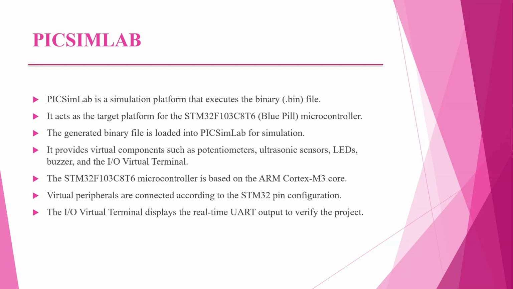The STM32F103C8 microcontroller is based on the ARM Cortex-M3 processor. Peripherals are connected according to the STM32 pin configuration. The IO virtual terminal displays the real-time UART output to verify the project. So we see the result in PicsimLab after we execute the program in STM32.